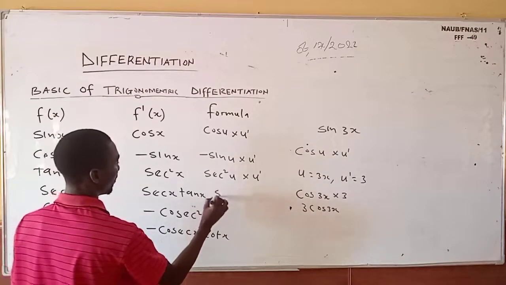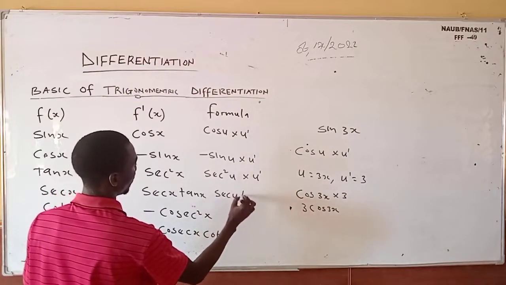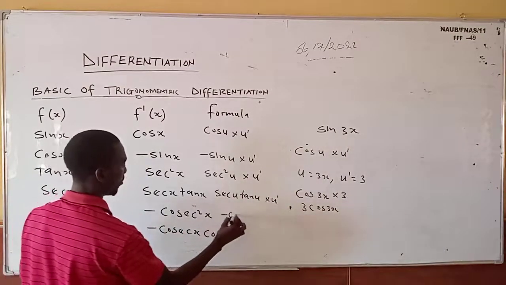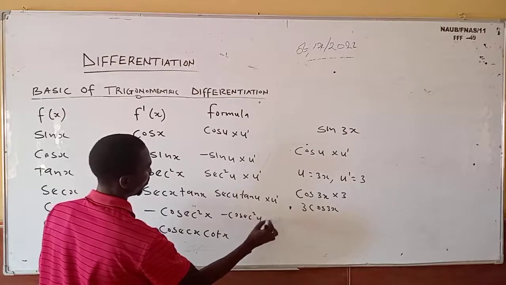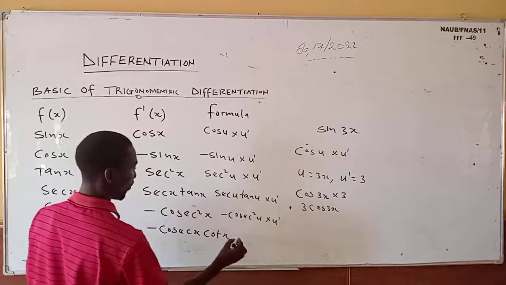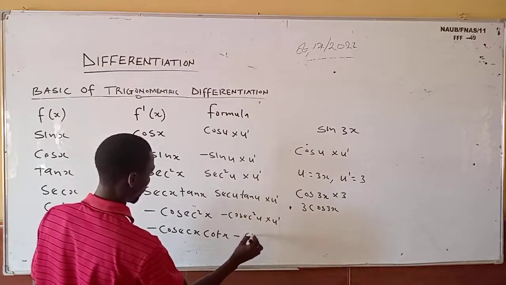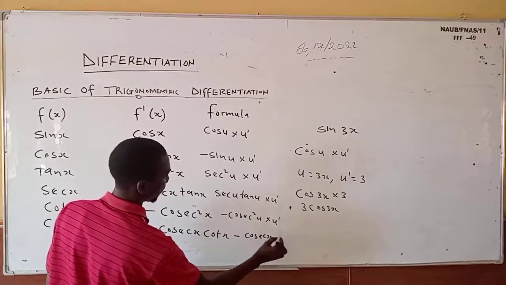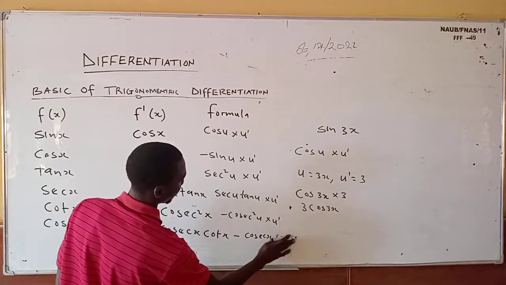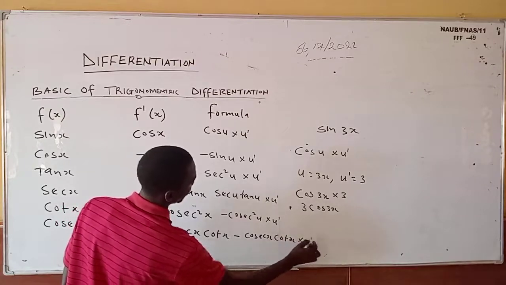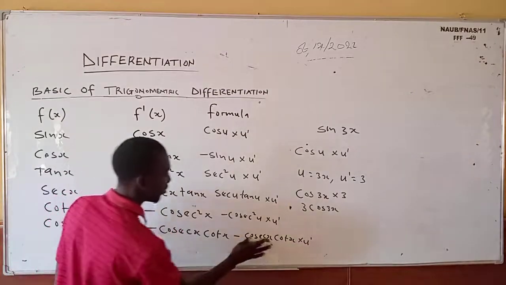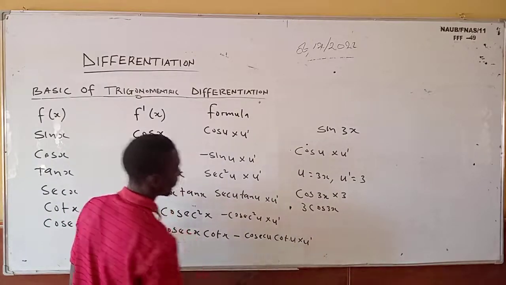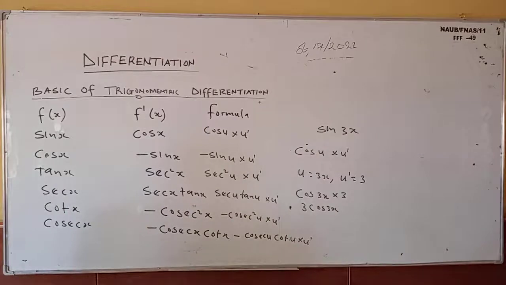This one is sec u tan u times u prime. This one is minus cosec square u times u prime. So this one is minus cosec u cot u times u prime. Sorry, this one is in the form of u. You get this now.